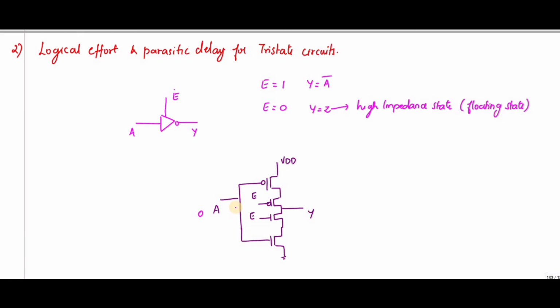If A is 0 and E also 0, then it should be E bar.